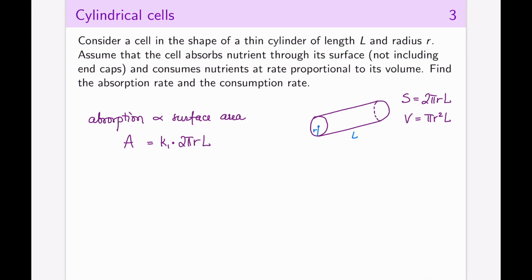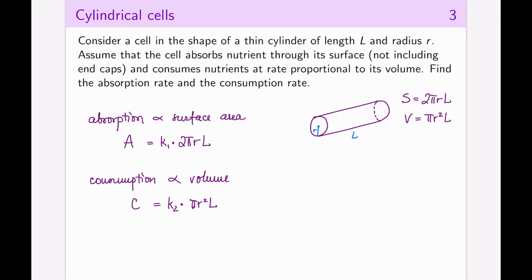The consumption, we're told, is proportional to the volume. So in terms of the equation, we have that the consumption is equal to some proportionality constant times the volume of our cylinder, which is pi r squared times L. Excellent.